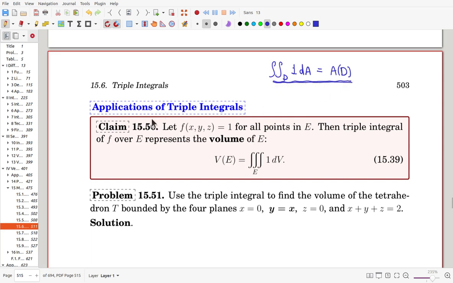Here, as an application of triple integrals, we consider the integrand to be 1, and then the triple integral of the function 1 over the region E is the volume of E. It is quite a simple extension from the double integral case, right?